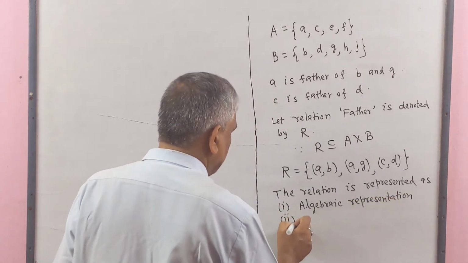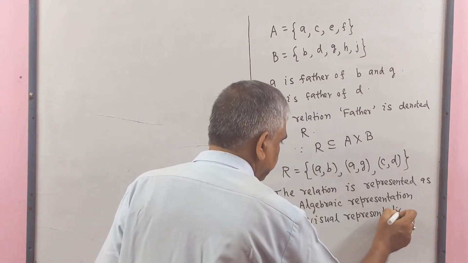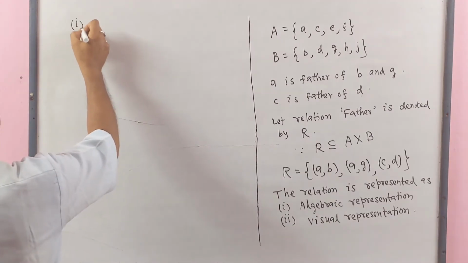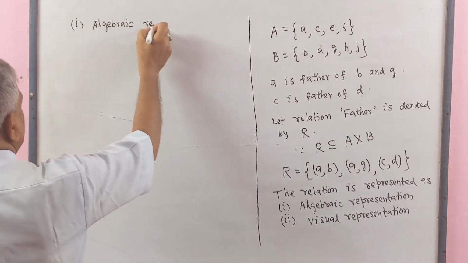Number 2, visual representation. Number 1, algebraic representation.